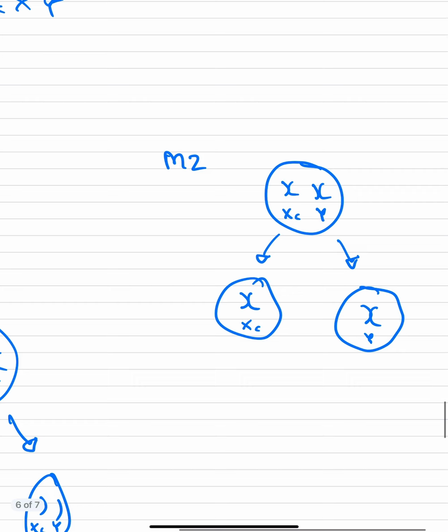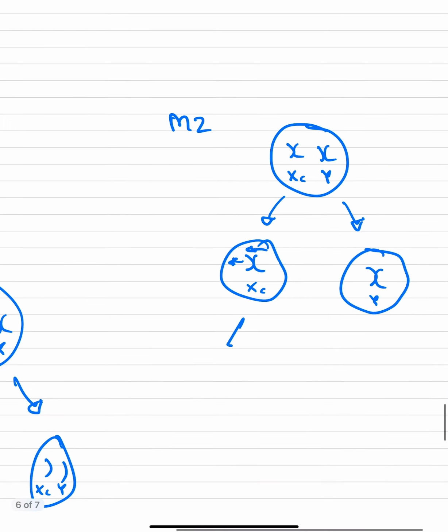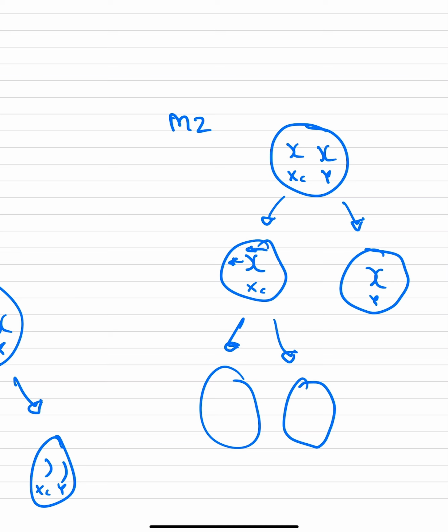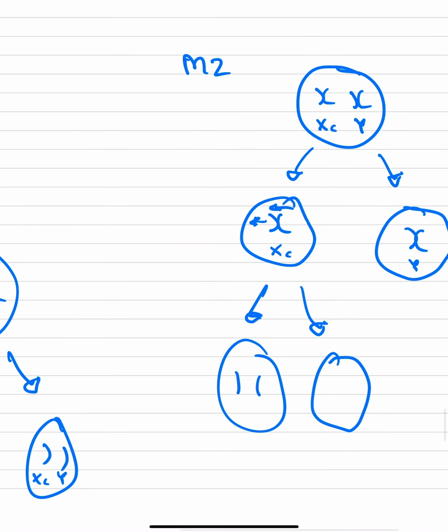But since the non-disjunction happened in meiosis 2, that would mean that instead of the sister chromatids going to opposing sides of the cell, one of them is going to go to the wrong side, resulting in two cells, one of which contains none of the genetic material and the other one containing both X chromosomes.